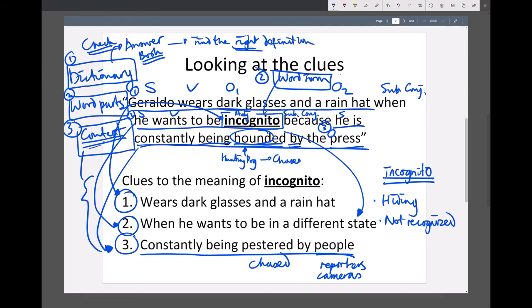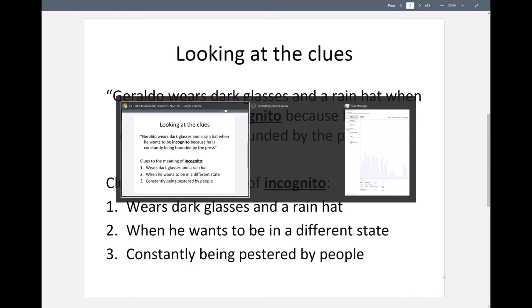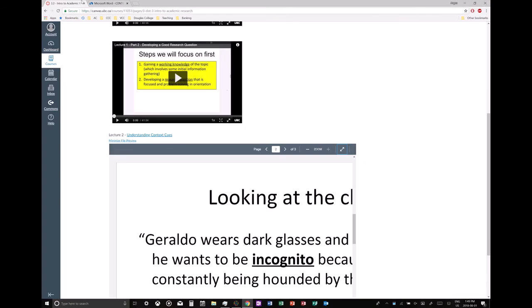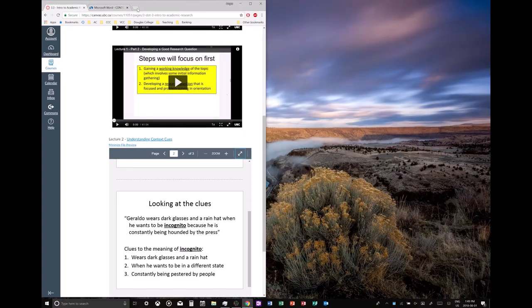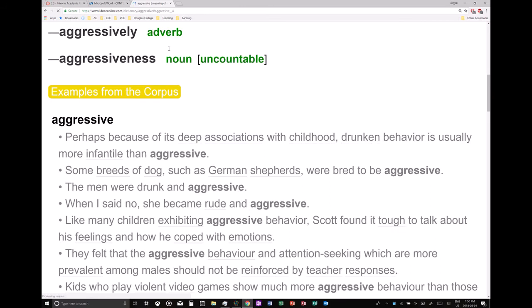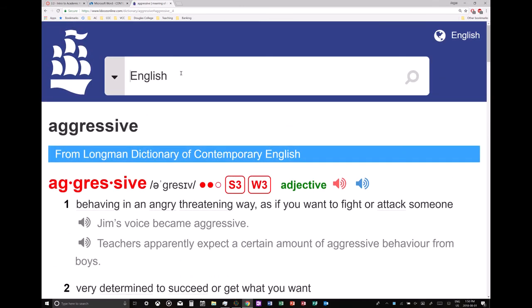So let's check incognito. So I would move this and then use the Longman Dictionary. And let me put here incognito.